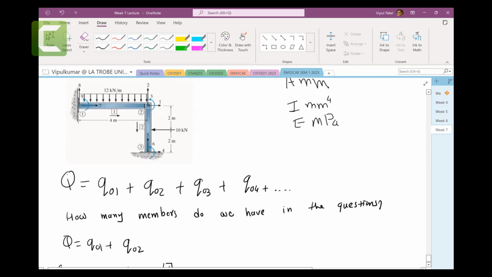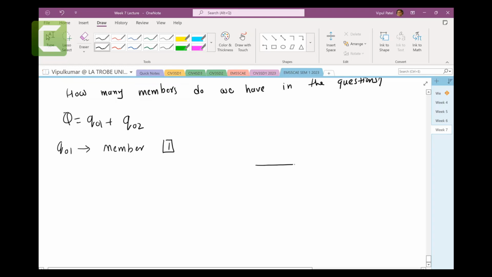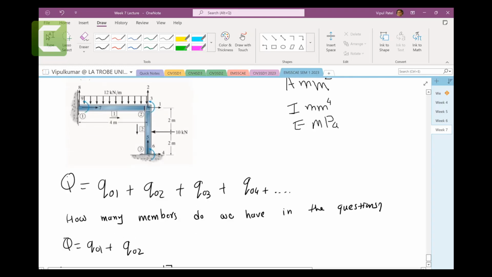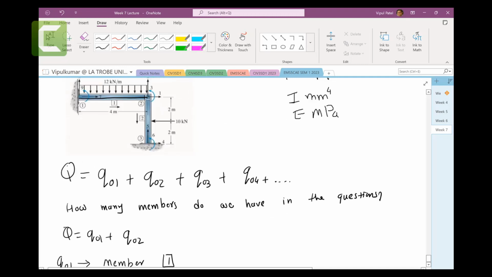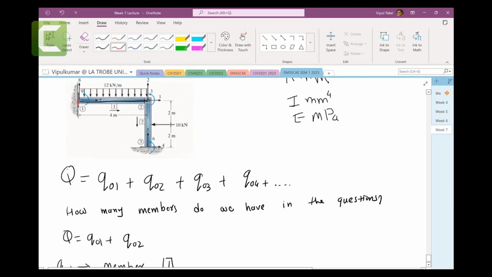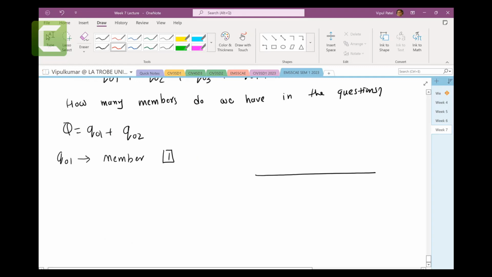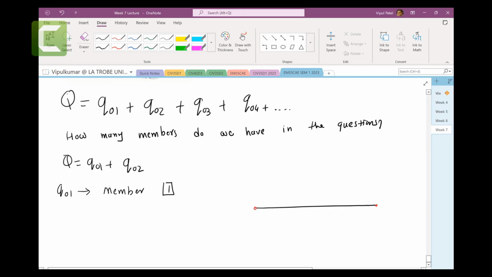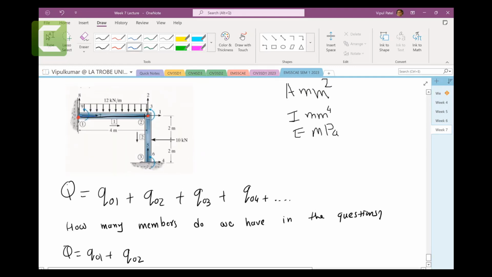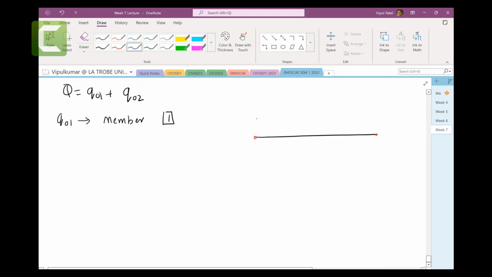Now, member number 1, if I draw member number 1 exactly as shown in the questions, these lines, I draw them here. These 2 dot points, I draw up here. In these ones, I can draw 7, 8, and 9. 7, 8, and 9, those are degrees of freedom.